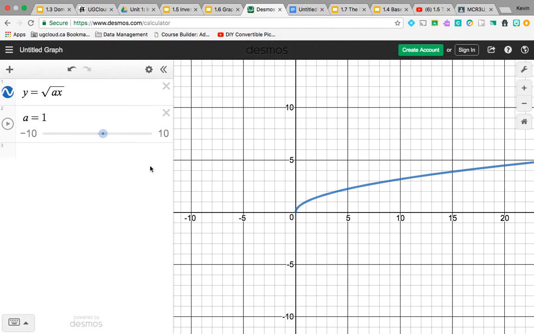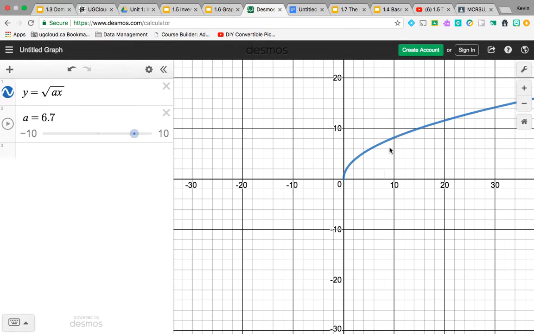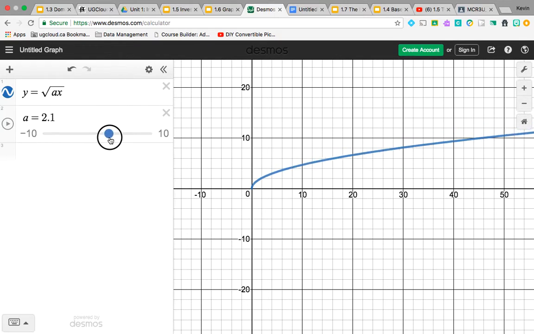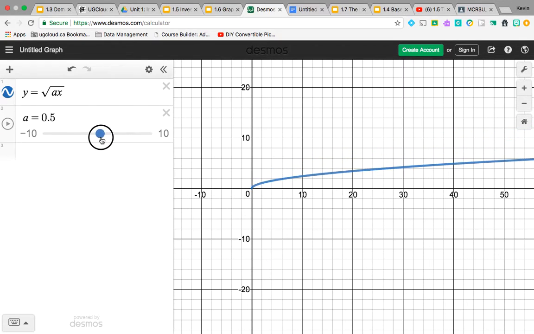And so if a was 1, you can see it here too, as you get bigger, it actually gets pushed in. It looks like it's growing vertically, and in fact it's similar to that, but really it's just the x values getting pushed in from this side. And so it's actually compressing it. And if you got closer to 0, it's actually stretching it.